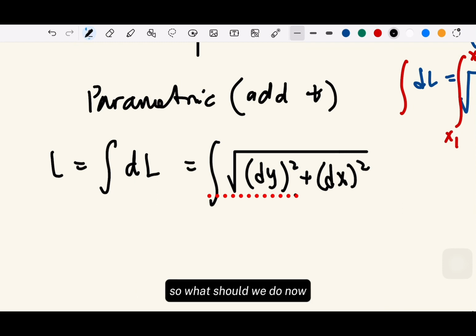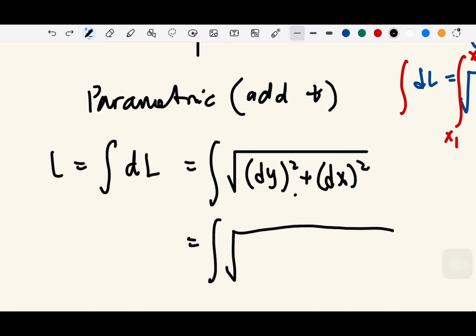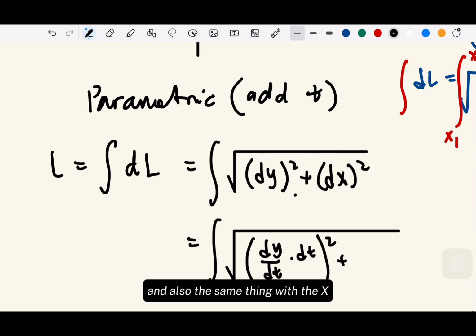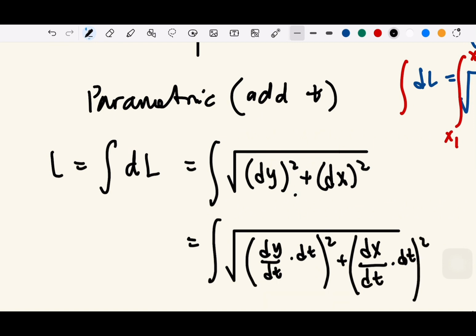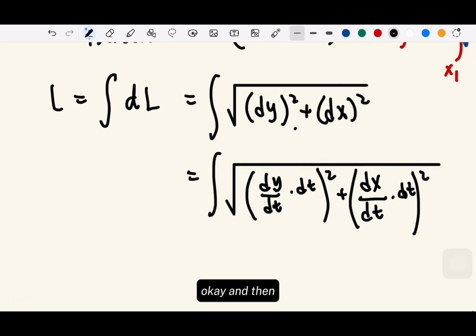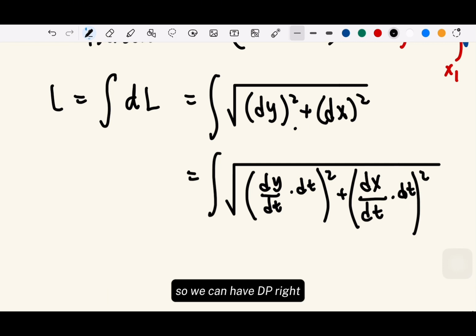So what should we do now? We implement the chain rule as usual and add the dt for both of these. So dy/dt and then multiply with dt, and also the same thing with dx. So divide by dt and multiply dt. Okay, and then let's factor out this dt squared, and then we can factor it out from the square root also, so we could have dt, right?